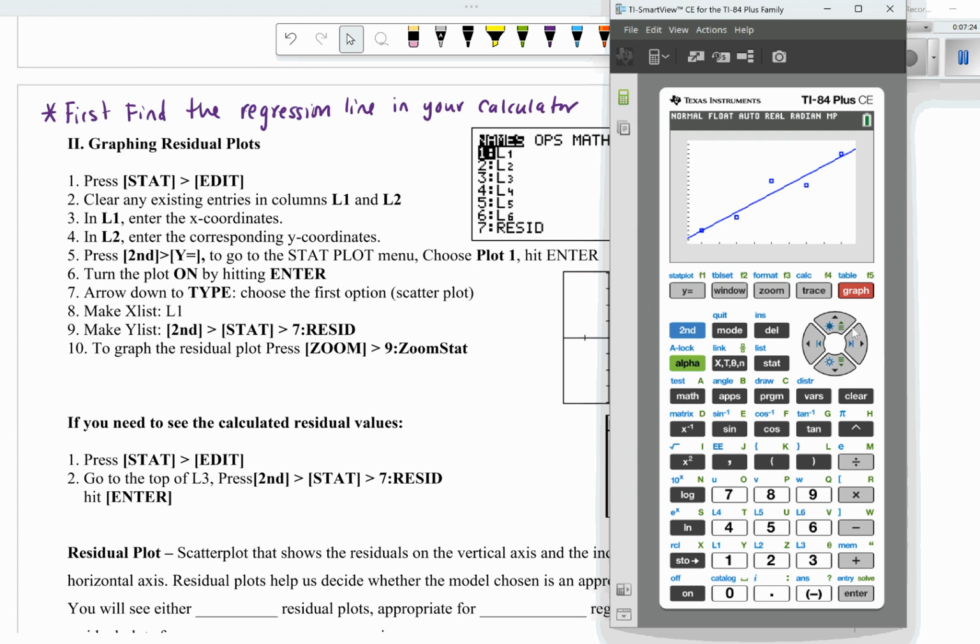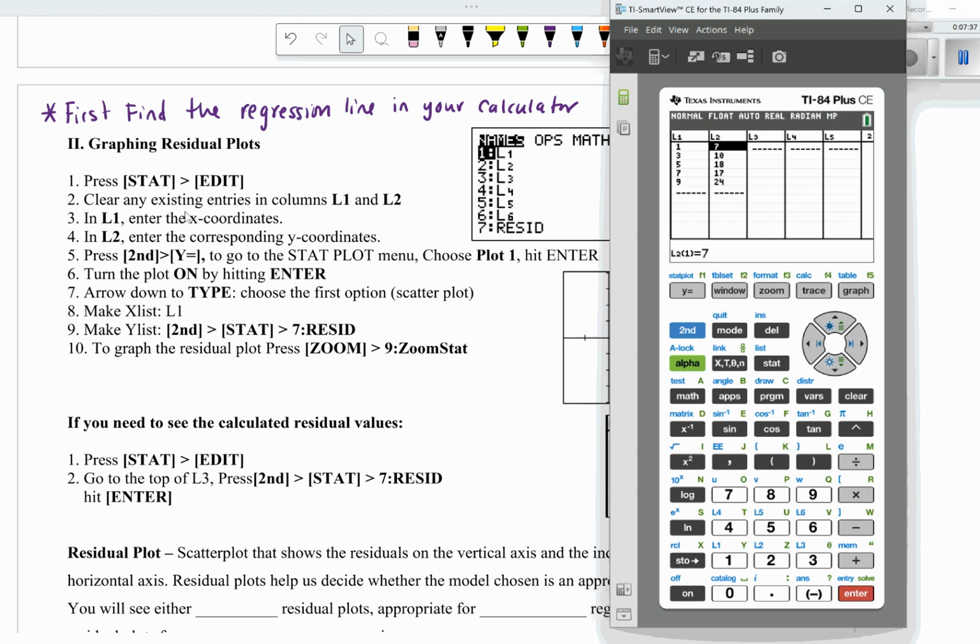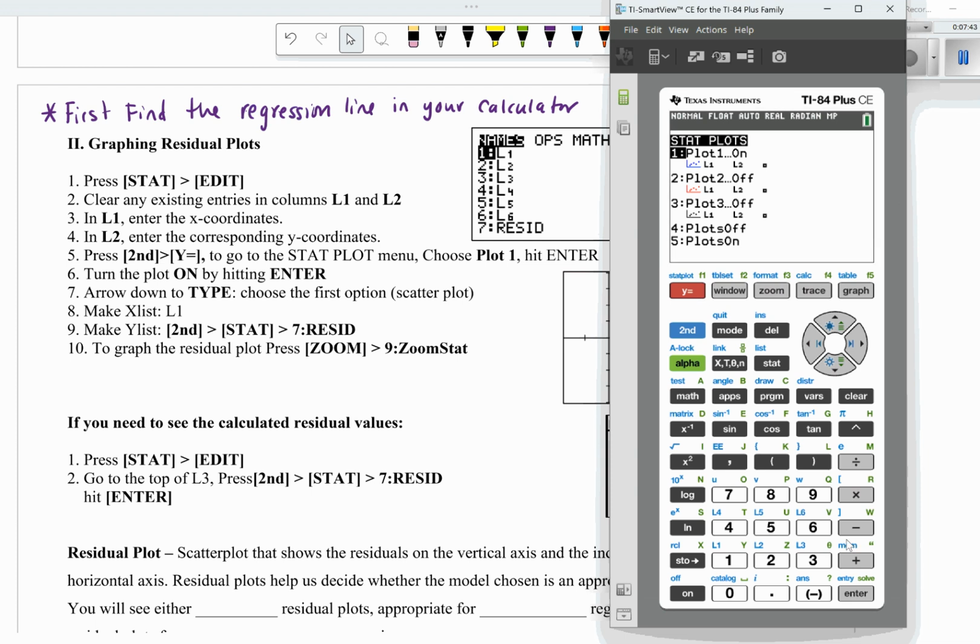There's actually a couple of different ways you can do this. We can go to Stat, and hit Enter on Edit. We already have our list 1 and list 2 values done. Then we can go to second Y equals, and on our stat plot, we're going to hit Enter.